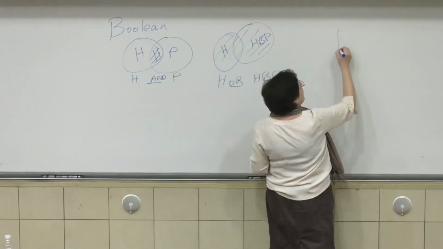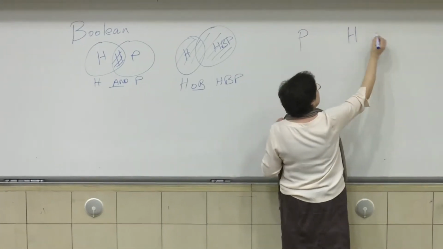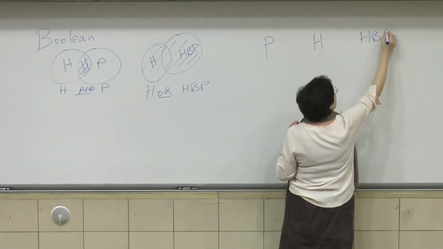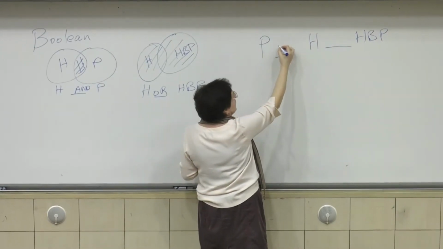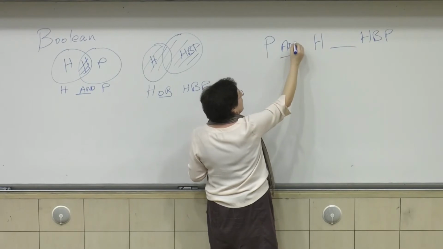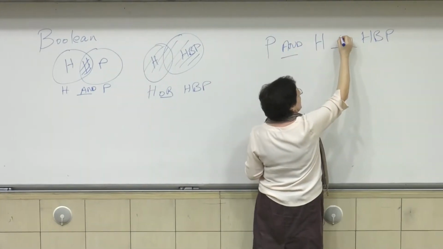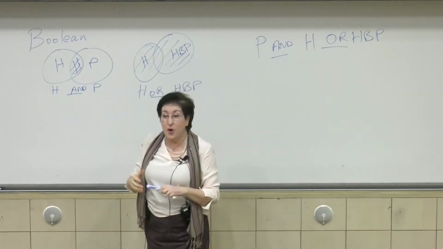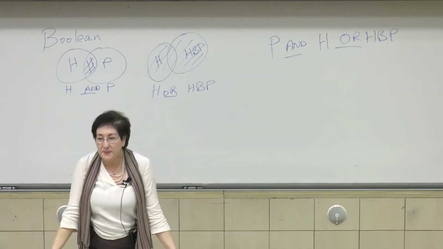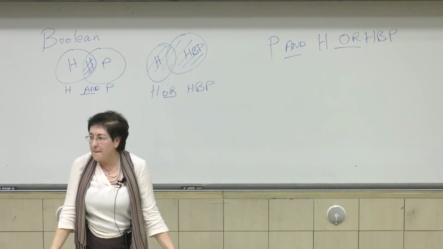So if I have the 3 concepts, pregnancy, hypertension, high blood pressure, what Boolean operator should be used here? And here? Now, is this a correct statement? Why not?